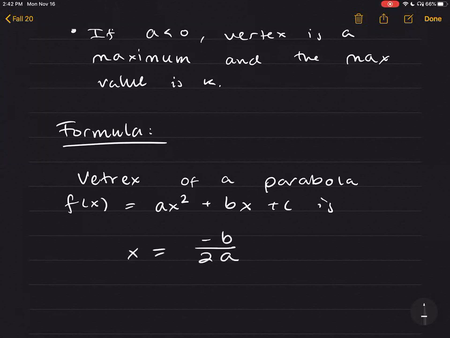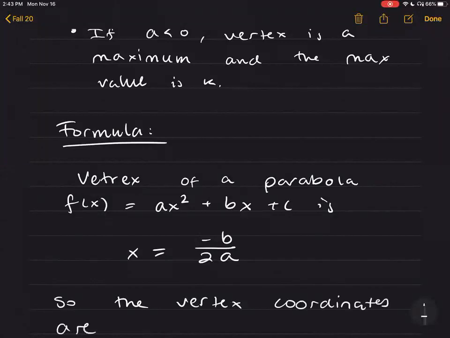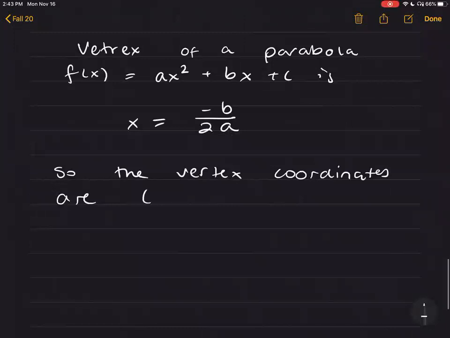So if you have a parabola written in this way, then you know that the vertex is always going to be at x equals negative b over 2a. And so the vertex coordinates are negative b over 2a, and then whatever the function spits out at that point.